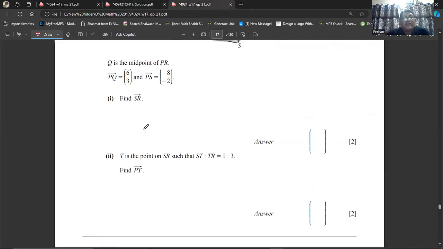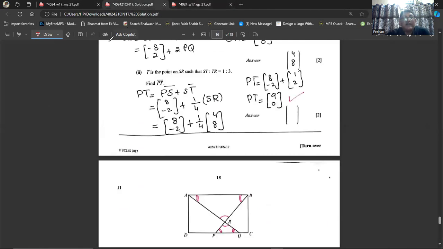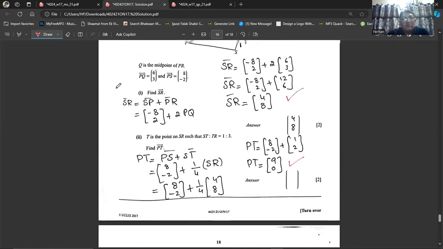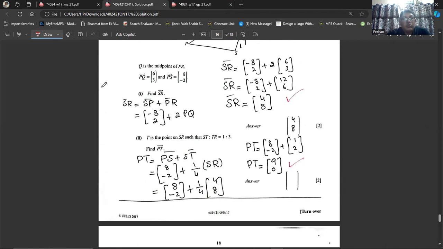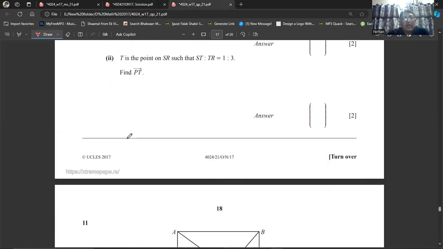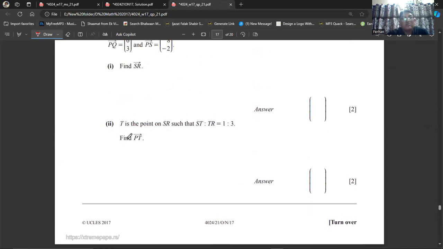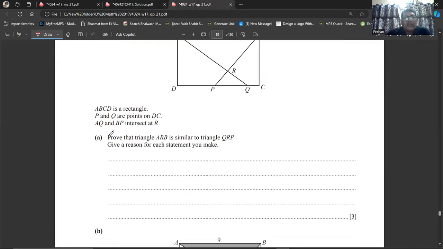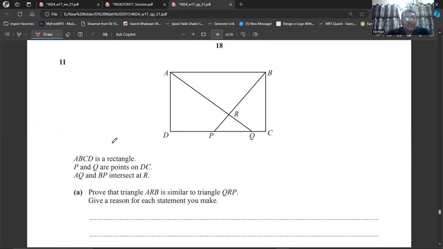Okay, so we are going to the next part. Find PT. We have found PT is (9, 0). Okay, this is done. So we have the last part, which is question number 11.